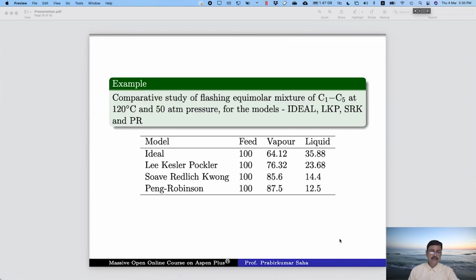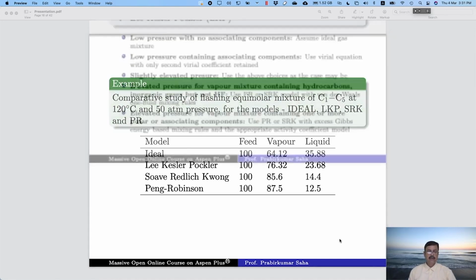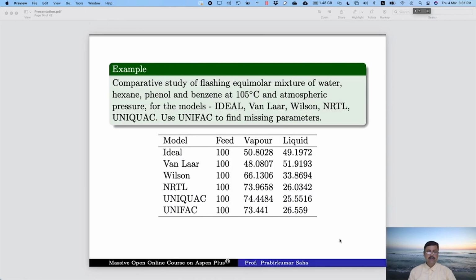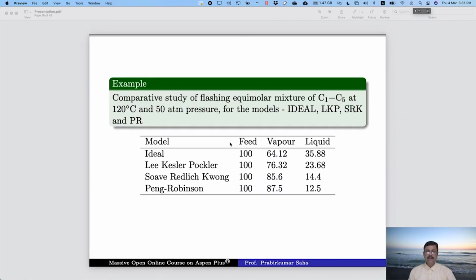Now this is another example of similar nature that we had done a few minutes back. The same kind of example is given. A comparative study of flashing an equimolar mixture of C1 to C5, that is methane, ethane, propane, butane and pentane.